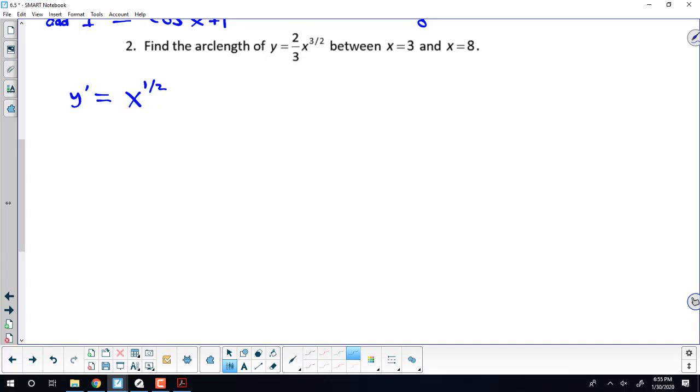Okay, and then we square it. So there's our derivative squared. And we have to add 1. It doesn't really matter when you do all this, you just have to do all of it. So that x plus 1 is our derivative squared plus 1. So that's going under the radical in this arc length.